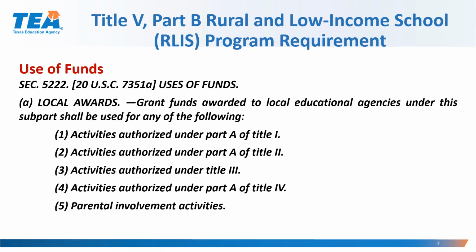Grant funds awarded to local educational agencies under this subpart should be used for any of the following: activities authorized under Part A, Title I, activities authorized under Part A, Title II, activities authorized under Title III, activities authorized under Part A of Title IV, and parental involvement activities. So these are the only activities that are allowed for use of RLIS funds.